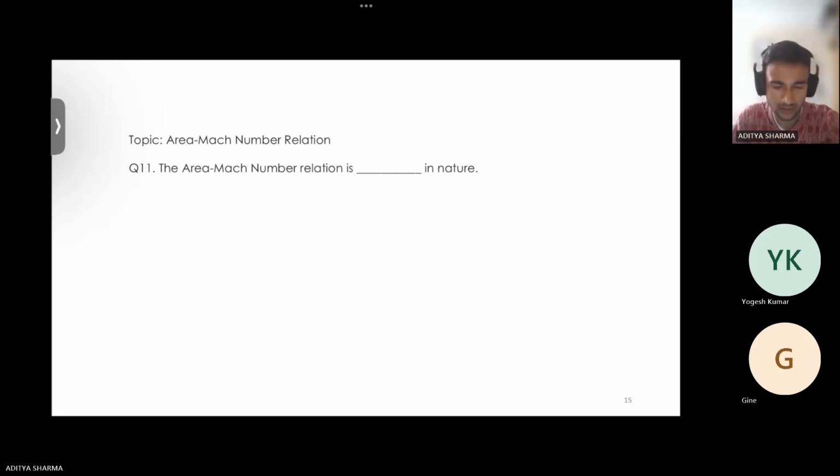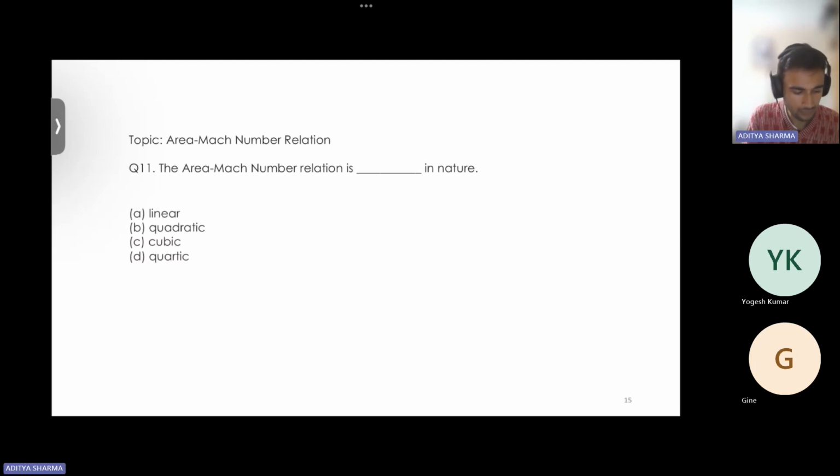So 3 more questions. Area Mach number relation is dash in nature. Tell me this. Area Mach number relation is dash in nature.